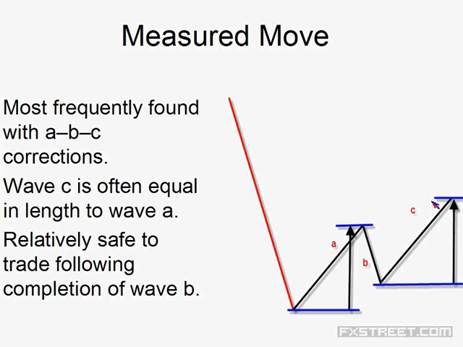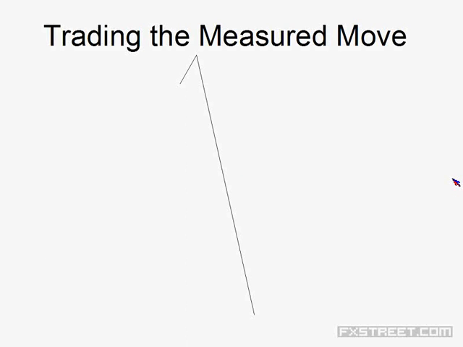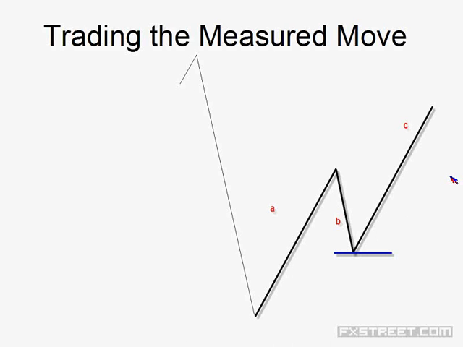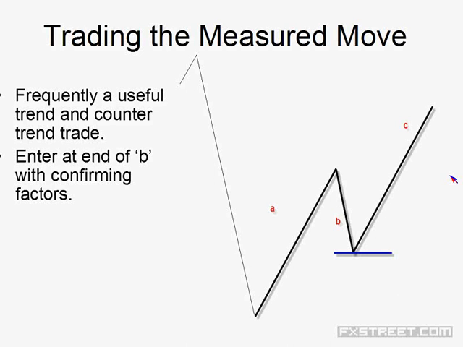It might be 61.8, it might be 78.6 or 138.2 and so on. So this is what we're most likely to see then. From a major move down, we're going to see a correction, and these counter trend trades can be very, very useful.